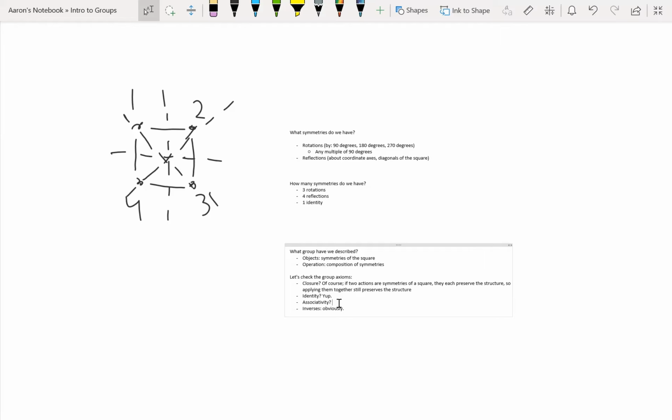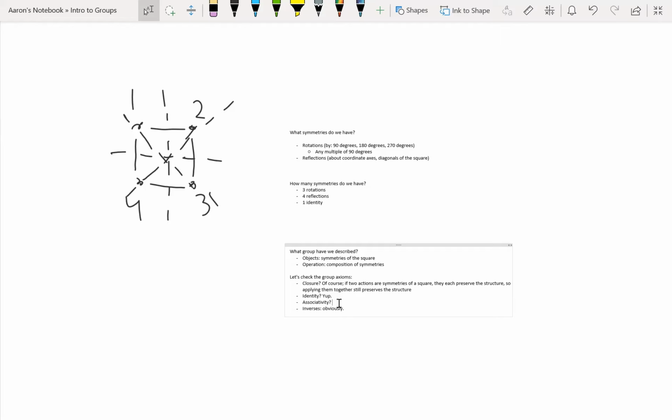The answer is because they're functions. We're doing some action to the square, and function composition is associative. So our objects are functions, they're actions on the square, and our operation is composition. So you should be comfortable with the fact that it's associative.